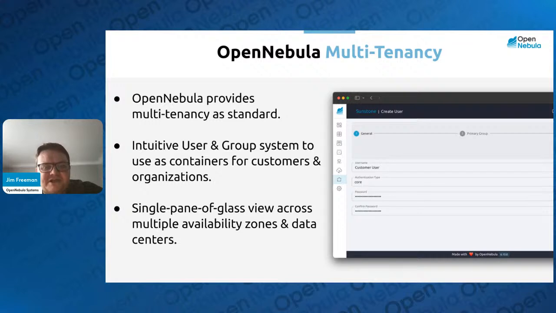You want to be able to create users and groups and isolate them exactly how you would in a tool like VMware Cloud Director. All your users can log in with a single pane of glass, managing resources from different data centers, different zones, or availability zones, as they are called on other platforms; we refer to them as zones.